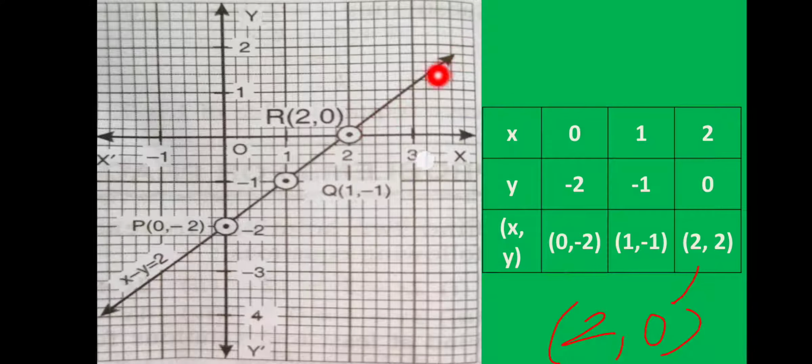We will find that all the 3 points lie on a single line. That means every linear equation represents a linear graph, that means a straight line graph.